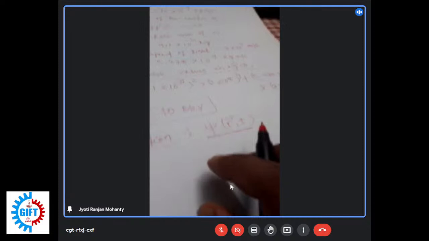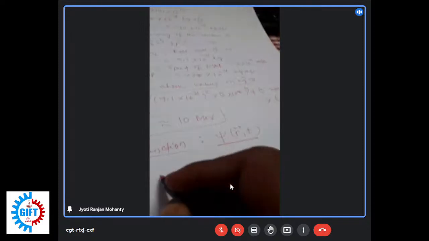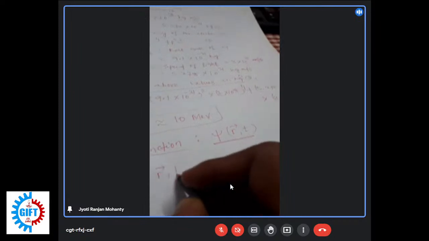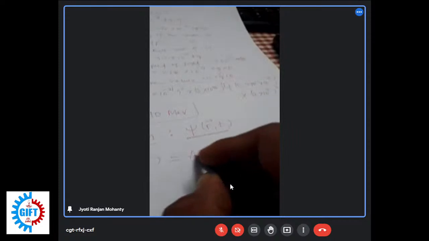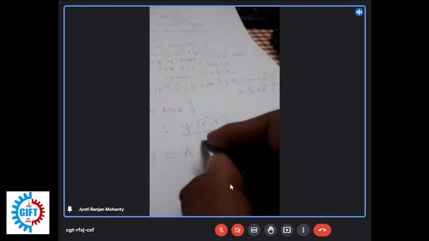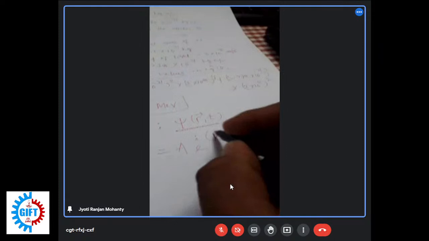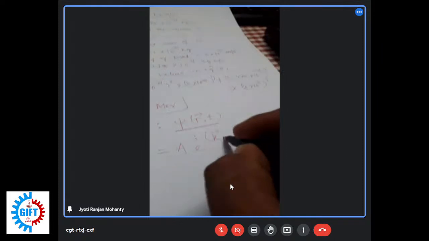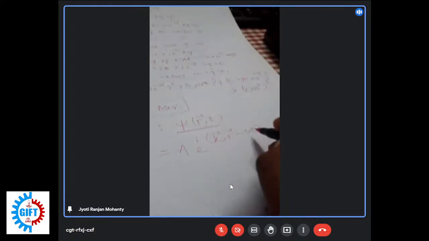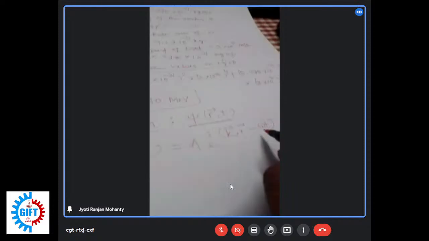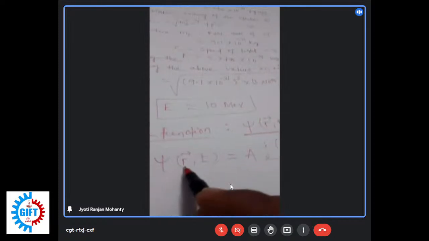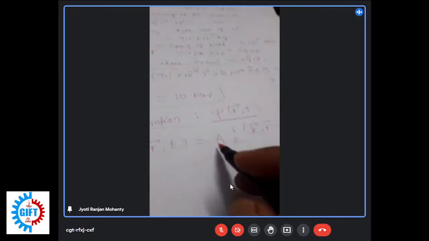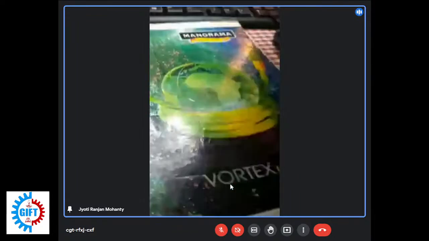It is called the wave function. Mathematically, we can write psi(r,t) is equal to A e to the power i(k dot r minus omega t).